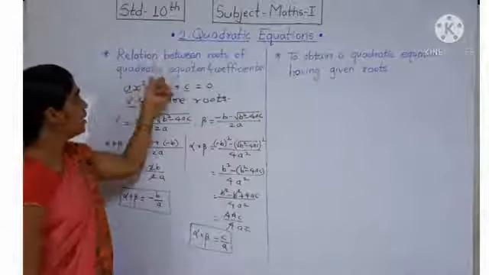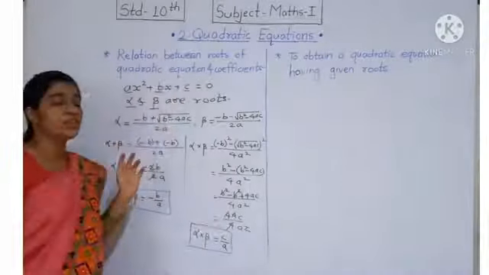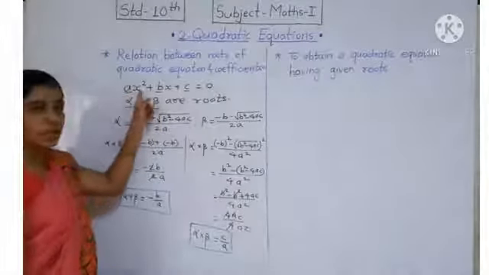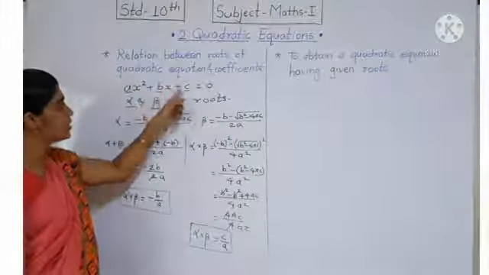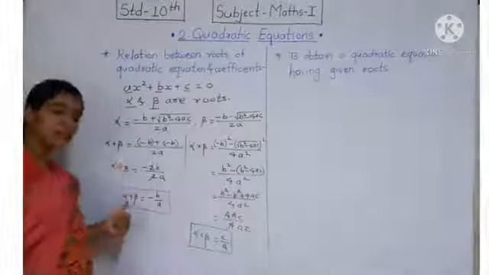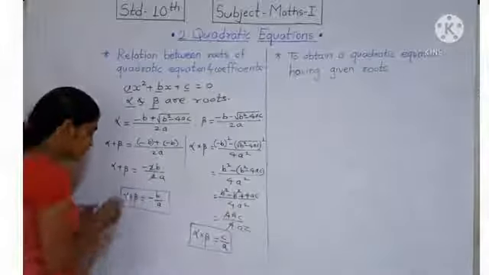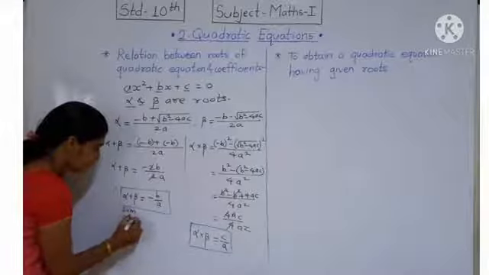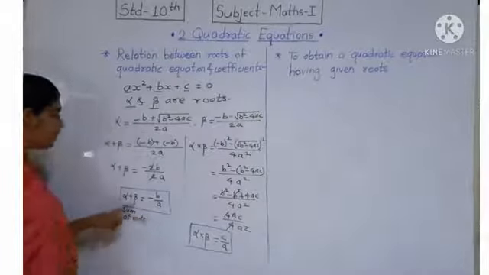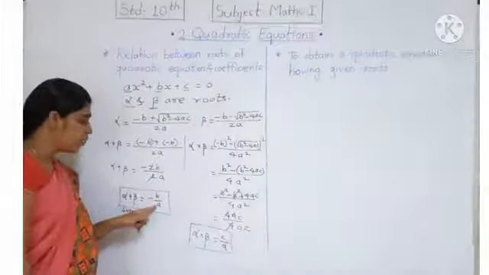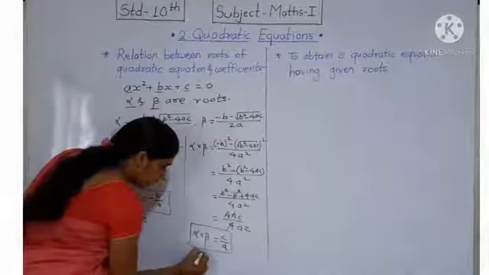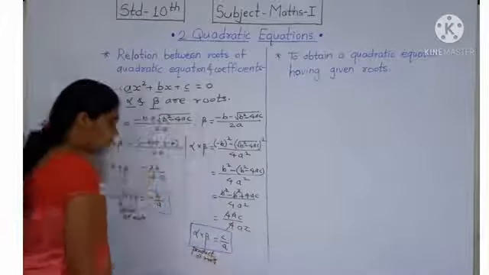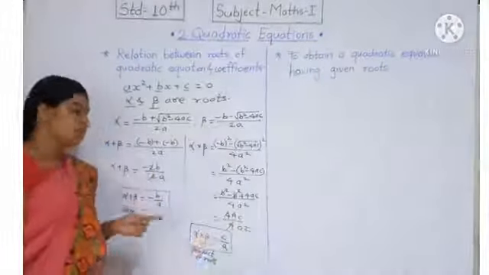What is the relation between the roots of a quadratic equation and the coefficients? If alpha and beta are the roots of the quadratic equation ax square plus bx plus c is equal to 0, then alpha plus beta means the sum of the roots is equal to minus b upon a, and the product of the roots, alpha into beta, is equal to c upon a.